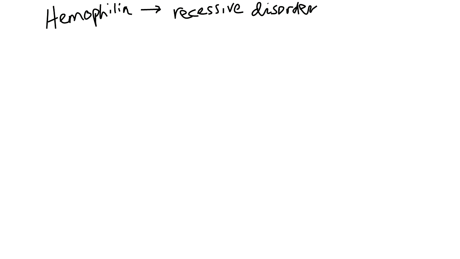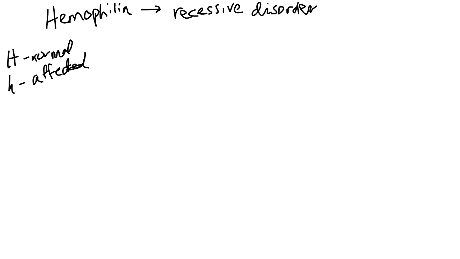So we'll represent the hemophilia alleles this way: big H is going to be the normal, because it's dominant, and little h is going to represent the affected, or the hemophilia allele.